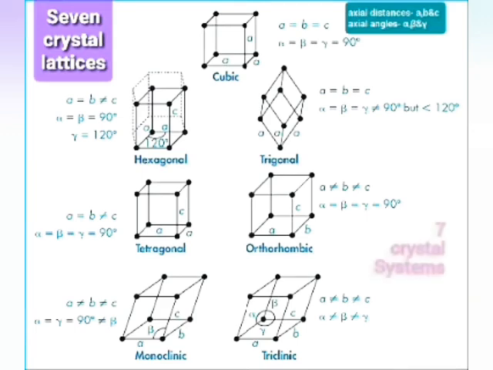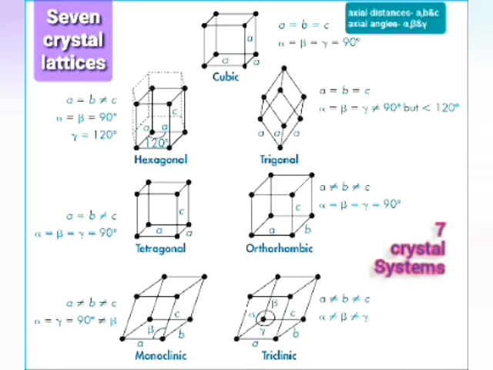The first is cubic, where A is equal to B is equal to C, meaning axial distances are all the same in all directions, and alpha is equal to beta is equal to gamma, that is 90 degrees. For tetragonal, A is equal to B, which is not equal to C, and alpha, beta, gamma are all equal, 90 degrees.